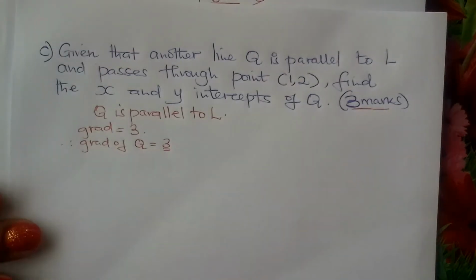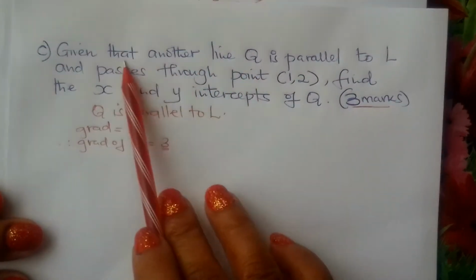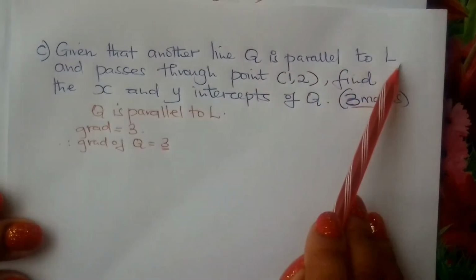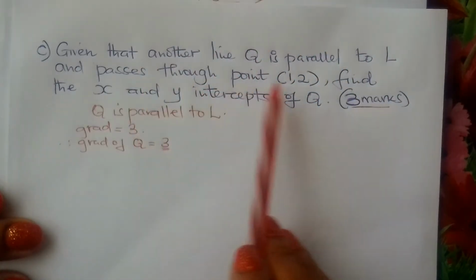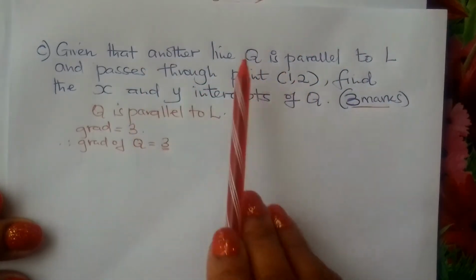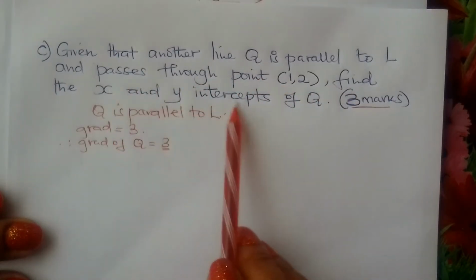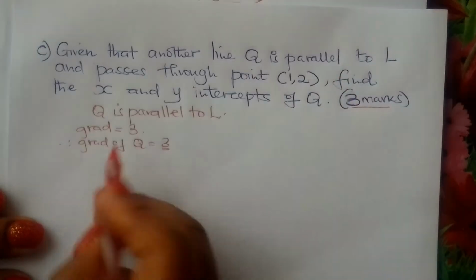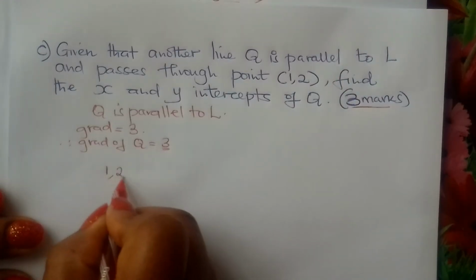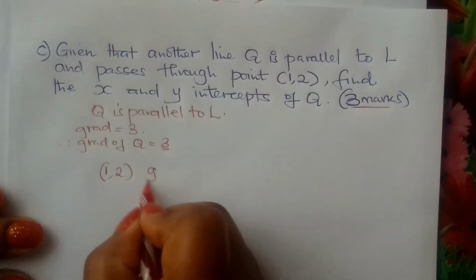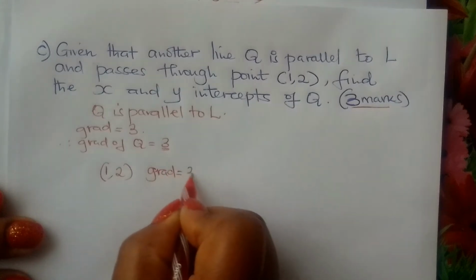Is also 3. So we are told that given that another line Q is parallel to L and it passes through 1, 2, you know, Q passes through 1, 2. Find the x and the y-intercepts of Q. Its gradient, learner, is 3.